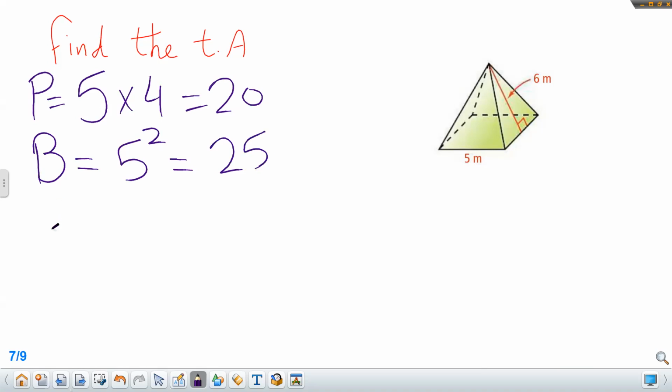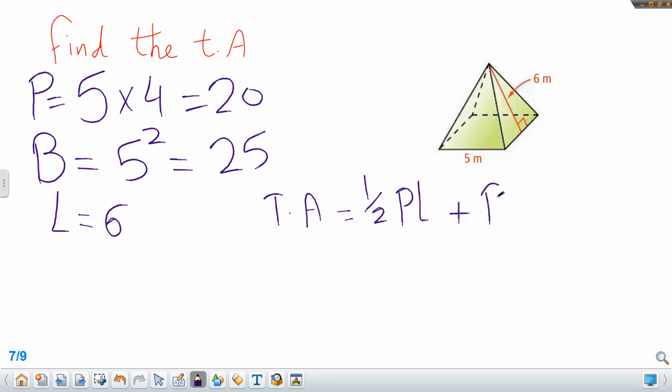And what about slant height? Is it ready here? Yes, ready. Slant height here is 6. So how to find total area now? Total area equals lateral area plus base area. Lateral area is half PL, half PL plus base area.